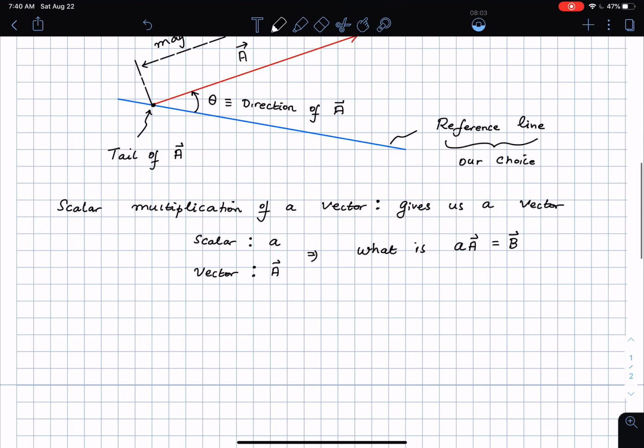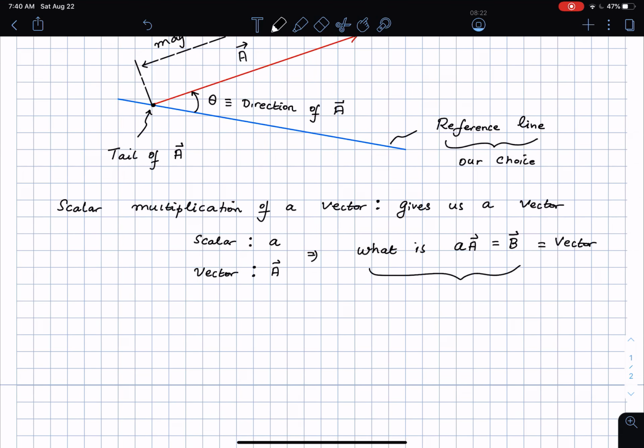The important thing when you multiply a vector by a scalar is that the direction is always going to remain the same. It could get flipped 180 degrees, but it's still going to remain along the same line. Okay, so this preserves direction. So this is a vector.